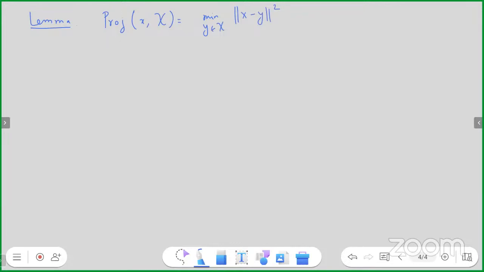You can remove the square also, it's okay. You can work with any norm you like. That's my definition.